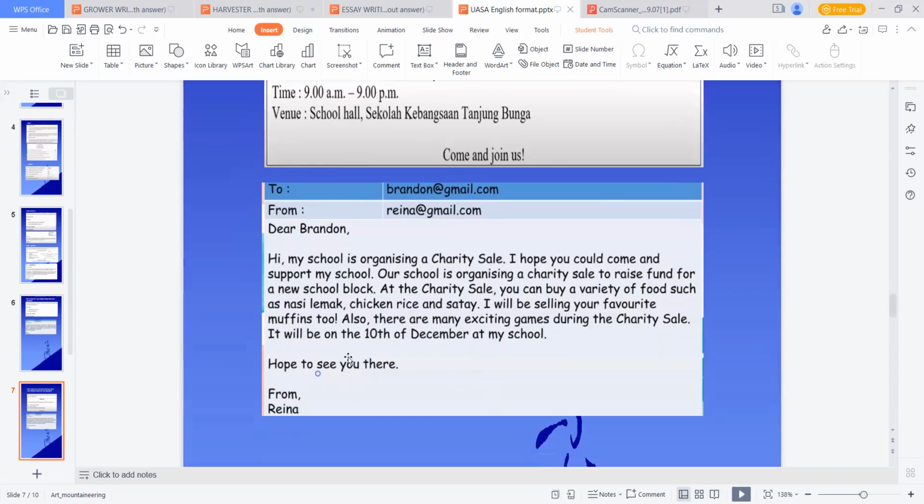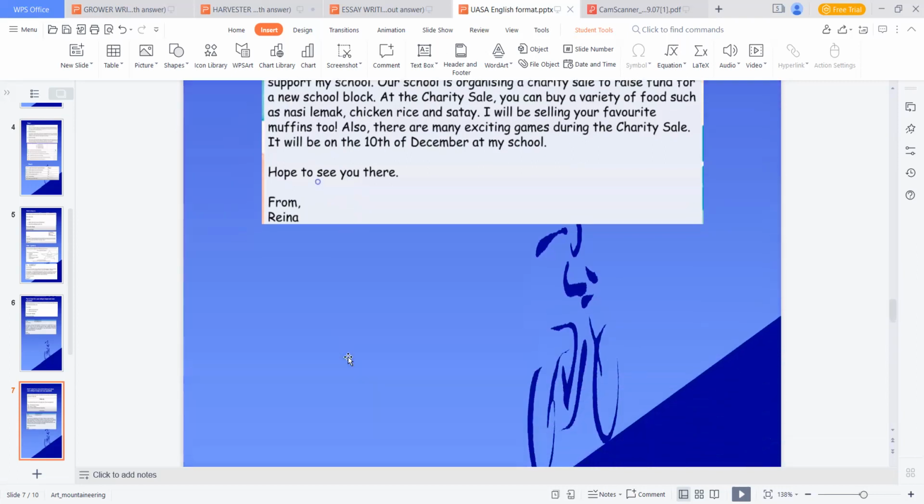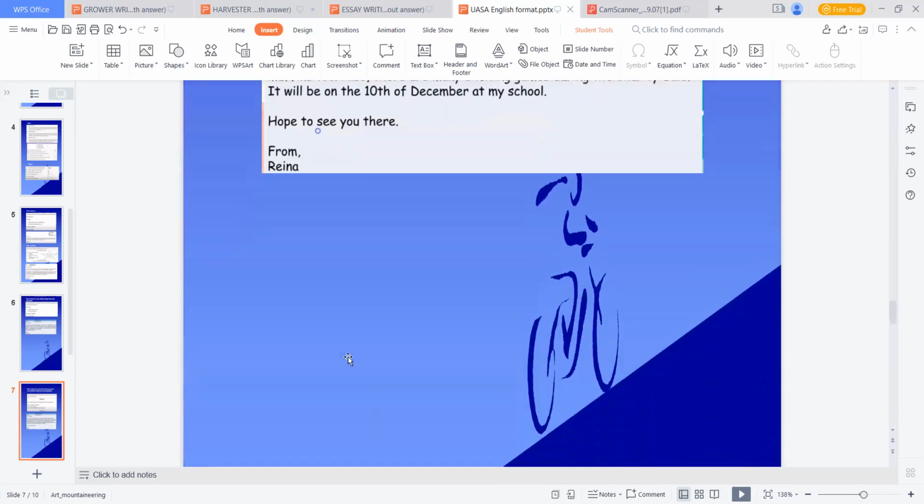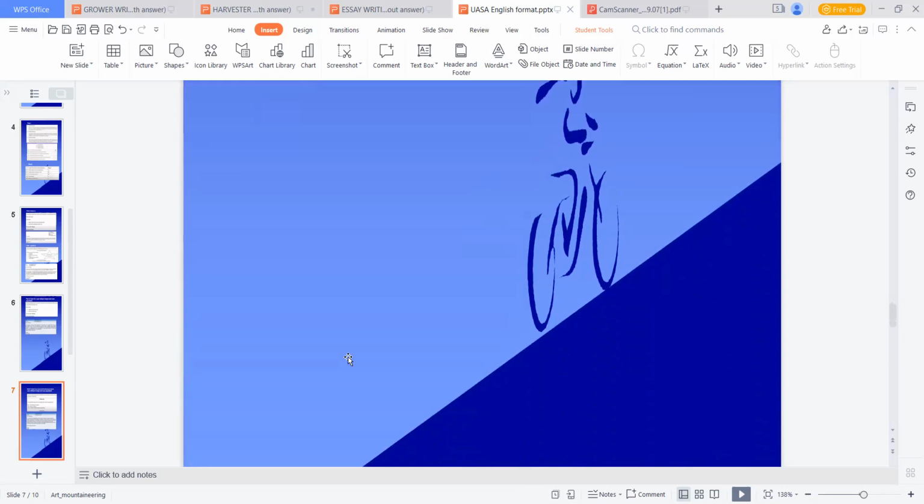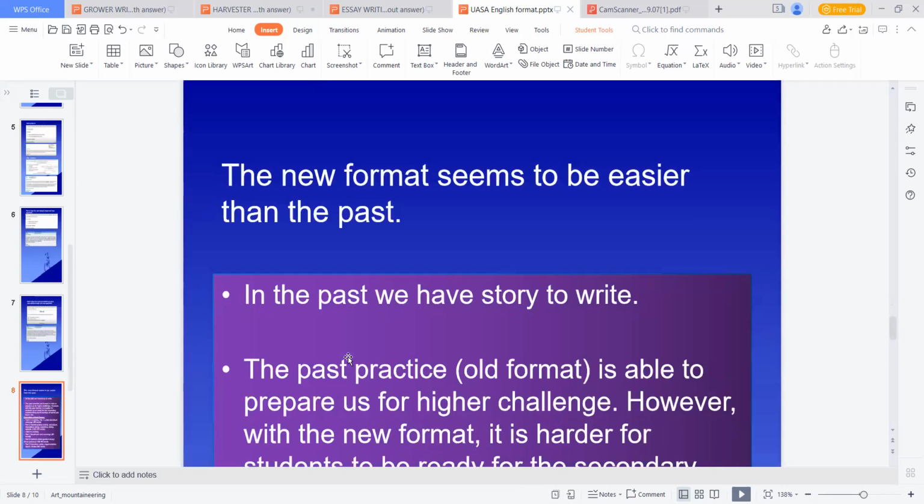Now, for my personal reflections, compared to elementary and secondary school, I think for secondary school, 2 years ago, they already upgraded to the CEFR format. So now elementary is catching up as well. For me, as elementary transitions to this UASA format, the new format seems to be easier than the past.